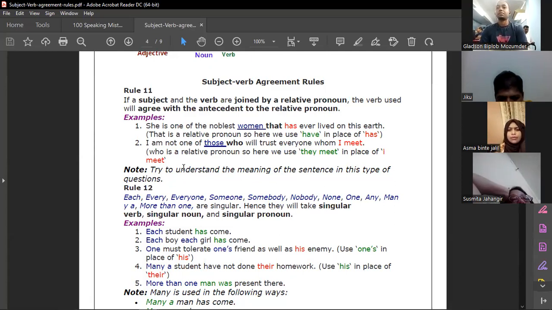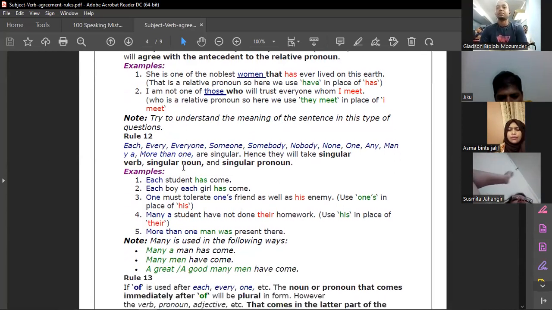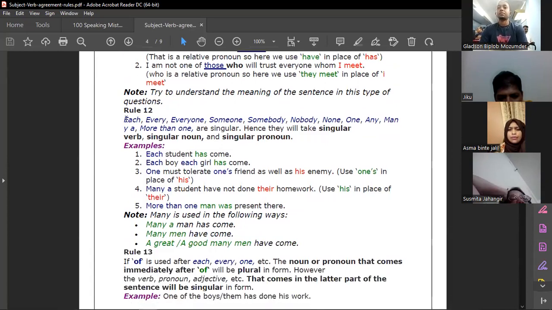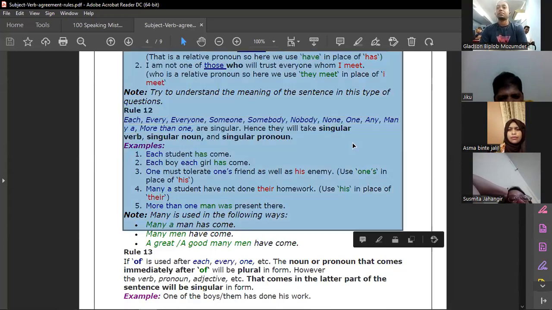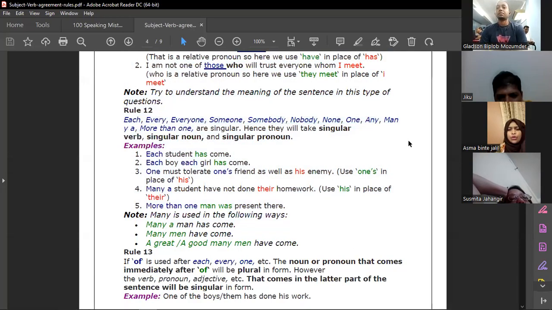Okay. So rule number 12. With these words we usually assume they will be mostly plural. For example, when we say everyone or every, we think plural, right? Every student, or somebody, it seems to talk about the plural, but no, it is a singular one.